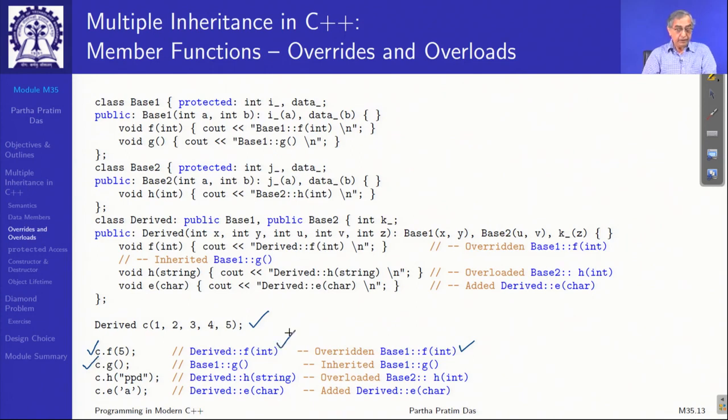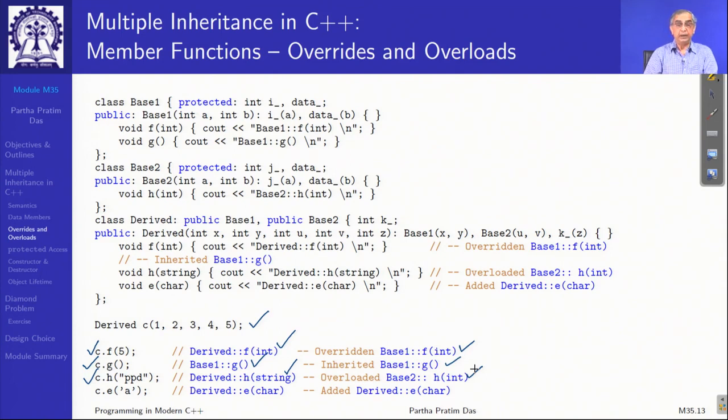Here you have got it from derived. So, you have the overridden function which you will be able to call. Here it is the same. If you call C.h with a string, you will get the derived class h function. You have overloaded. So, in that process you have also hidden Base2::h int, right, we have seen, and if we have to expose it, we can use the using feature.